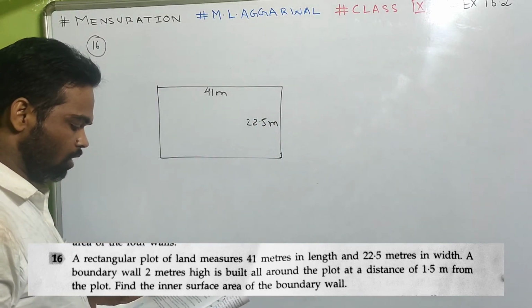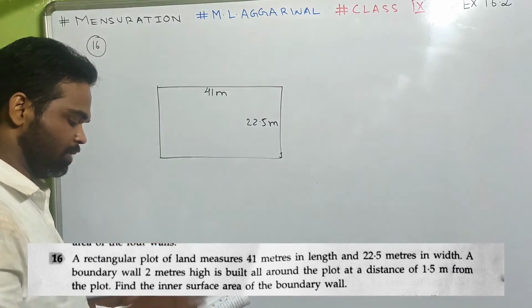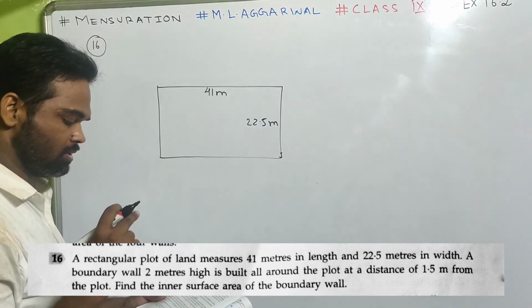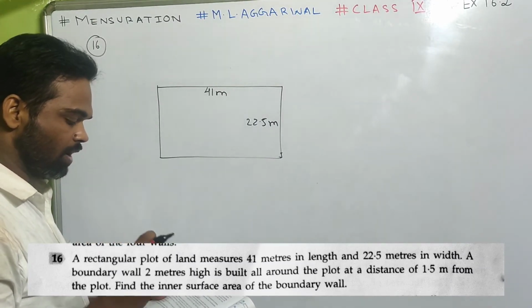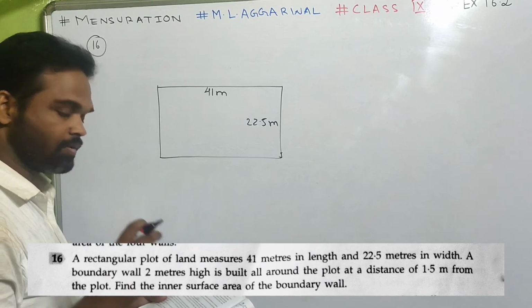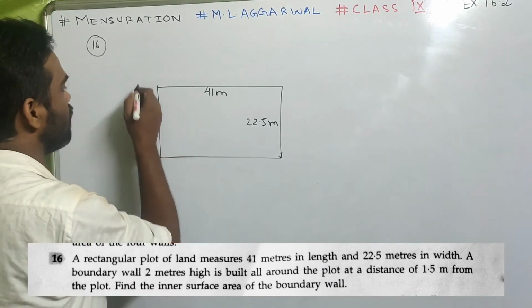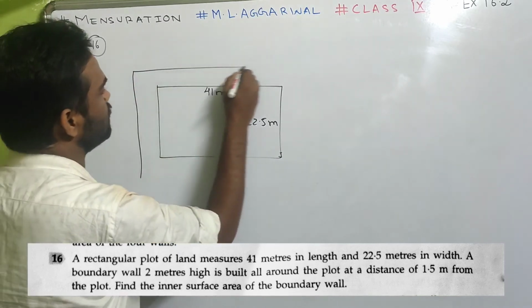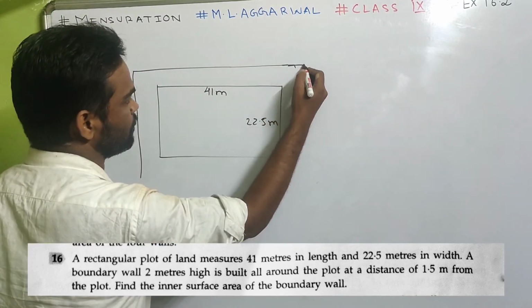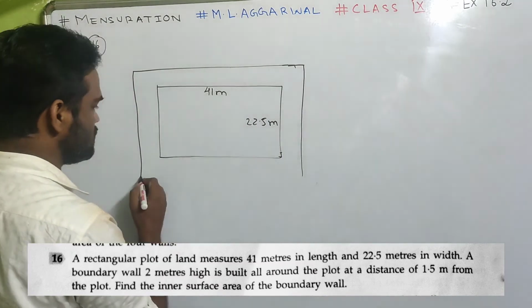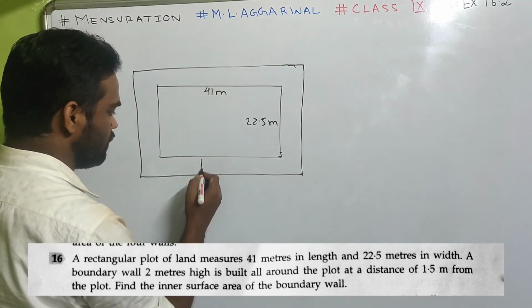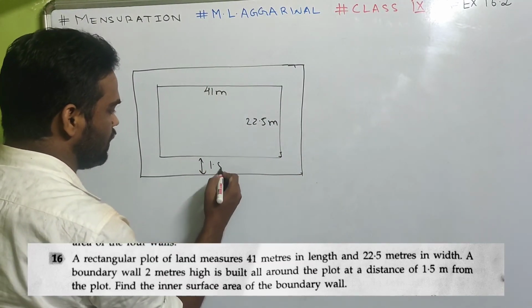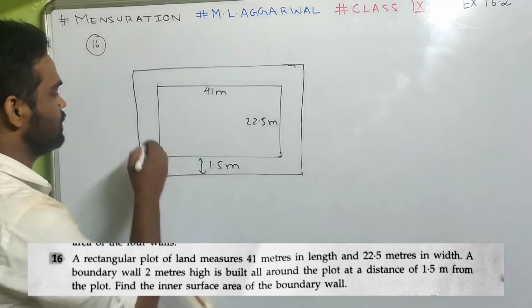A boundary wall 2 meter high is built all around the plot at a distance of 1.5 meter from the plot, which means you have built a wall all around it, and the distance of the wall from this is 1.5 meter, isn't it?